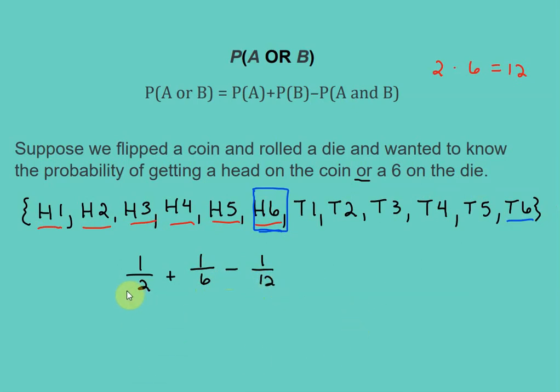Okay, so we can either put this in our calculator as it is, or we could get a common denominator and work this out. So with a common denominator, this would be 6 out of 12 plus 2 out of 12 minus 1 out of 12. Okay, so 6 plus 2 is 8, minus 1 is 7 out of 12. So the probability of getting a head on the coin or a 6 on the die is 7 out of 12.